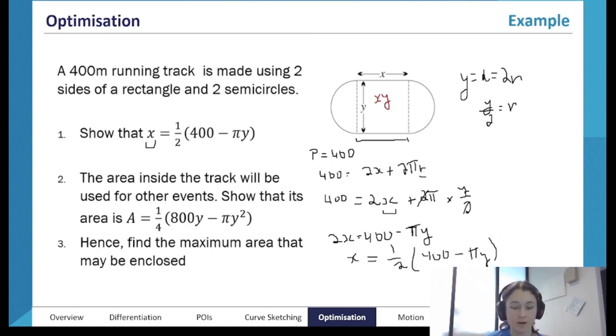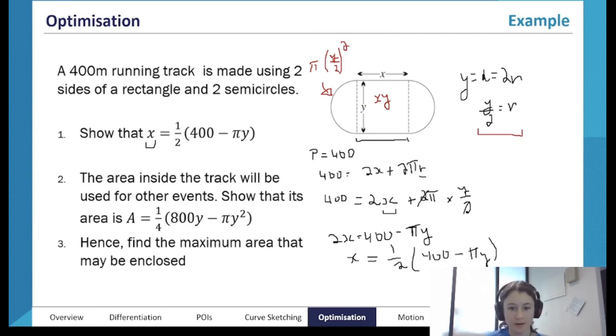Then the area of these two semicircles is going to be equal to pi r squared, which is going to be pi times y on 2 squared, because our radius is y on 2, remember from the last part of the question.